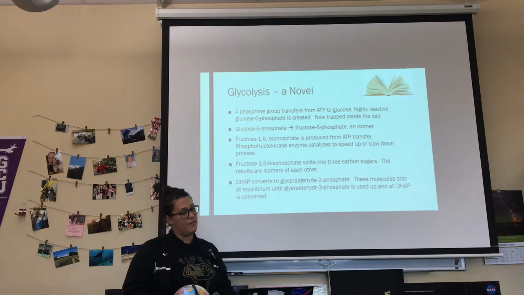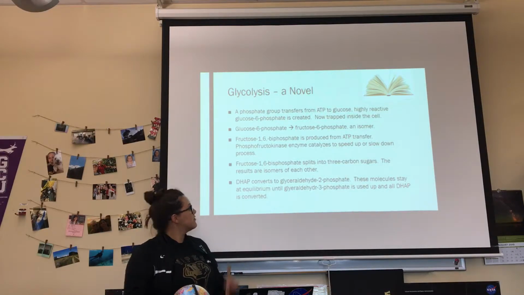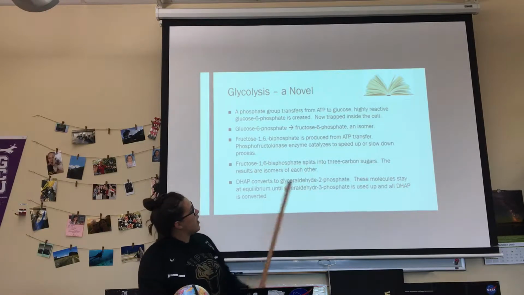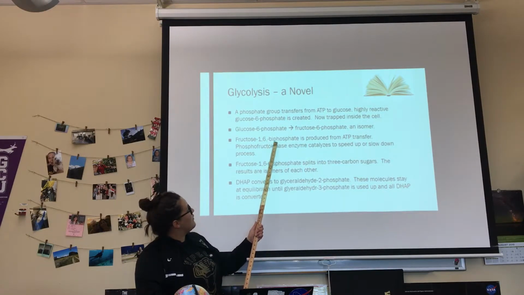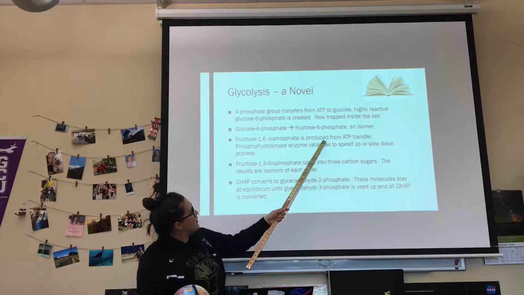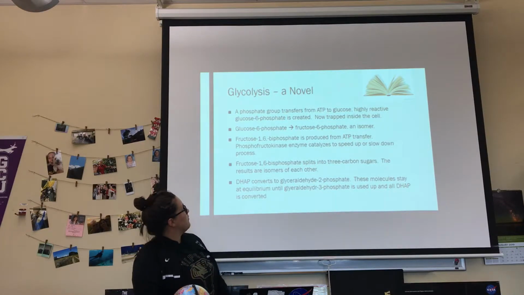That happens by the phosphofructokinase enzyme, and it speeds up or slows down that process. So if there's a lot of this around, this process occurs quicker than the opposite. But this bisphosphate, with bi meaning 2 phosphates, is happening because of the ATP transfer. The phosphate of the ATP transfers over.